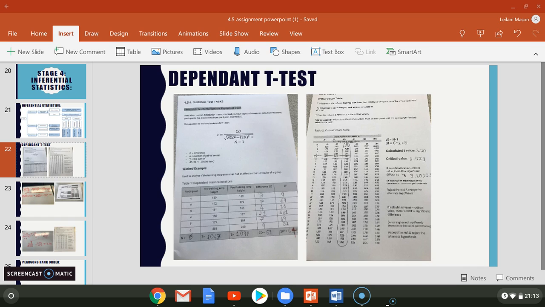Then you go across to see the results under 0.05. If the value achieved in your t-test is equal to or greater than the number shown, your result is significant, and if df is more than 120, use the infinite column at the end of the table.